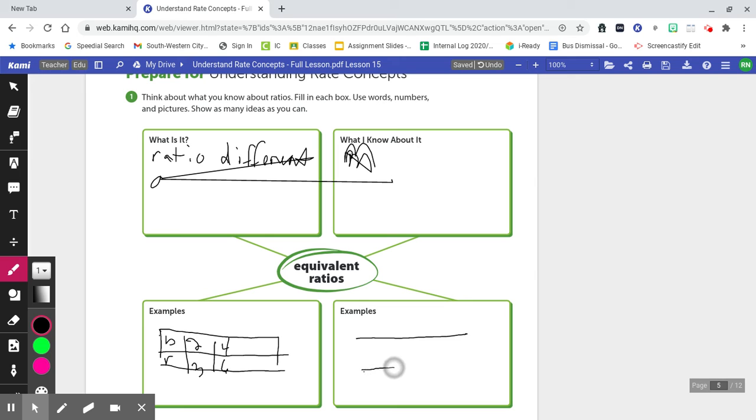And these double number lines are going to be very helpful as we do our unit rates or our rates. So these would be zeros, and then we'd have a ratio of, let's say, 5 to 1. This would be my ratio. Or equivalent would be a 10 to 2. I multiplied them both by the same number.